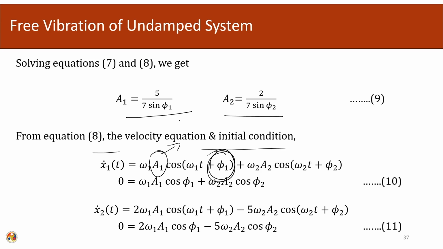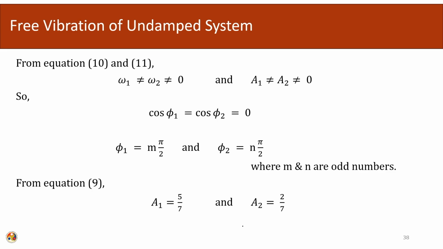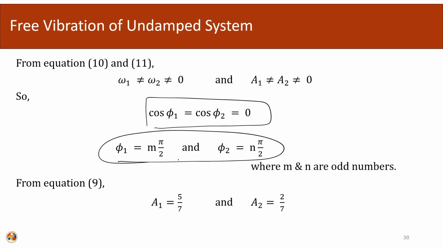The amplitude component we have calculated, and we put these values back to calculate the phase lag in the system. So, we have calculated all the unknowns, A and phi, the value of the amplitude component and the value of the phase lag. Now we have the complete picture of the vibration of the system.